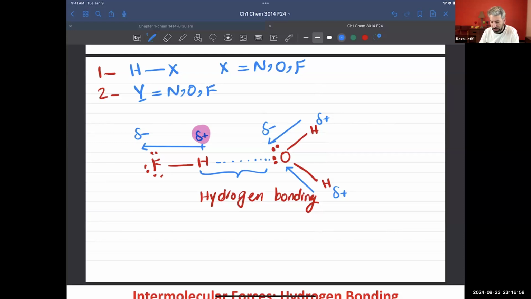We need to have a lone pair on Y. So that lone pair will interact with hydrogen, and it will give you hydrogen bonding.